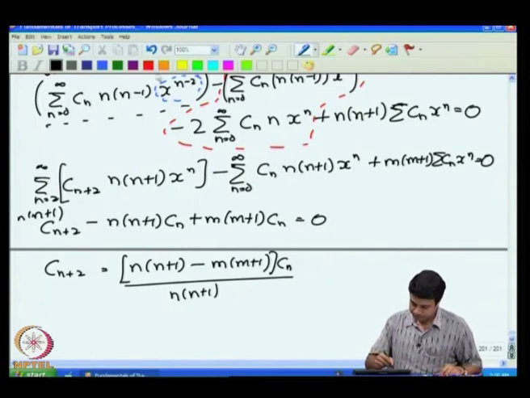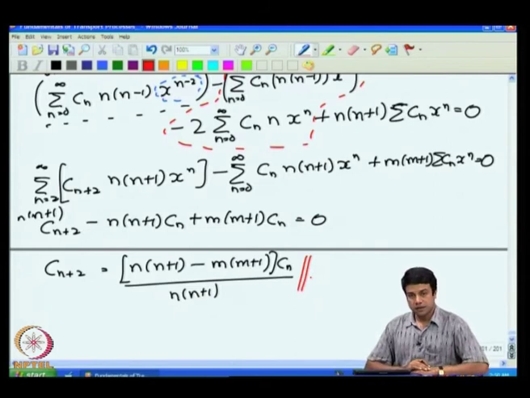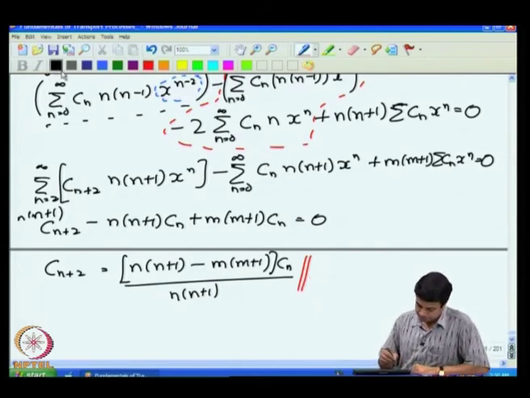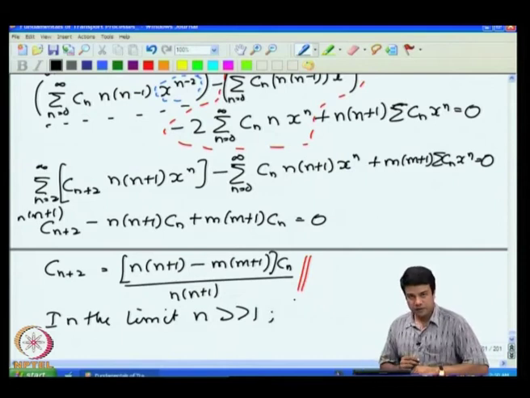Let us look at this equation. In the limit n large compared to 1, note that the constant c is fixed, and therefore, the constant m in this case is fixed.